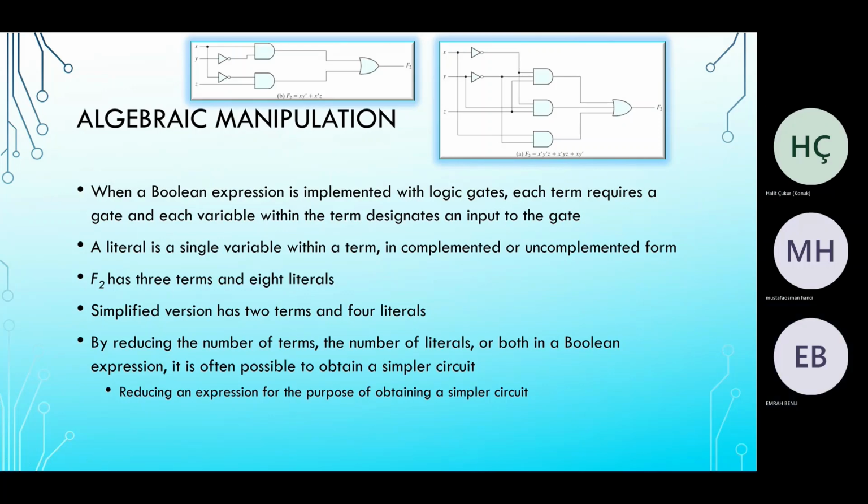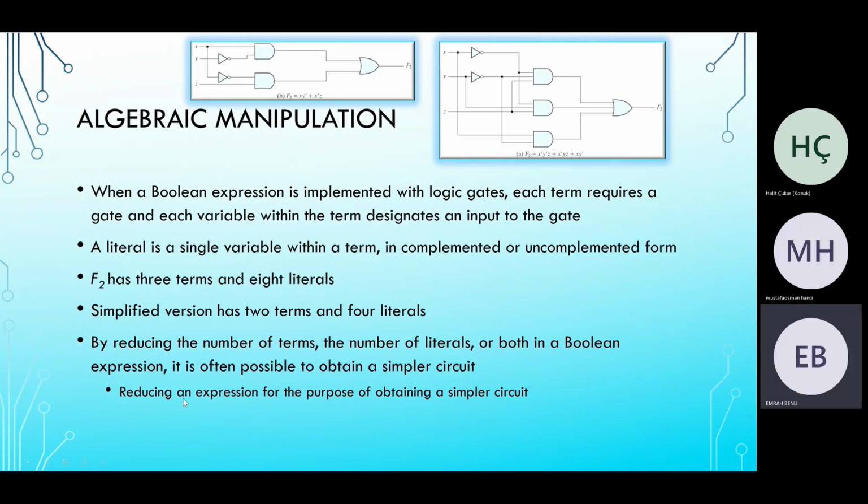So by reducing the number of terms from 3 to 2 and the number of literals from 8 to 4, both in the Boolean expression, we can obtain a simpler circuit that way, as I said.